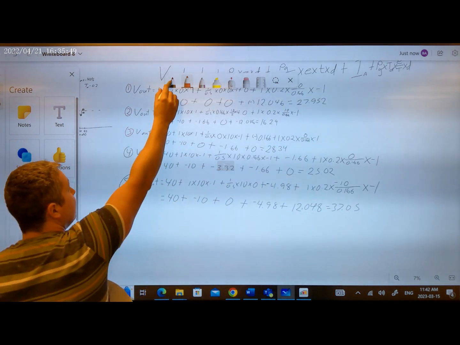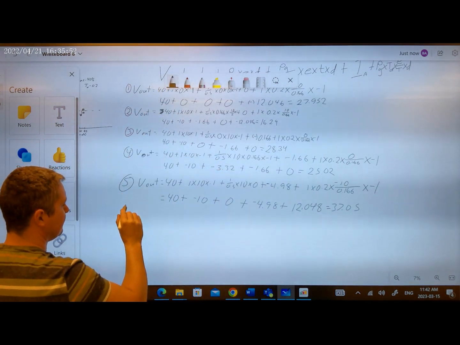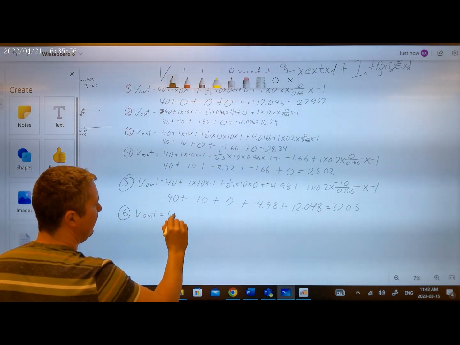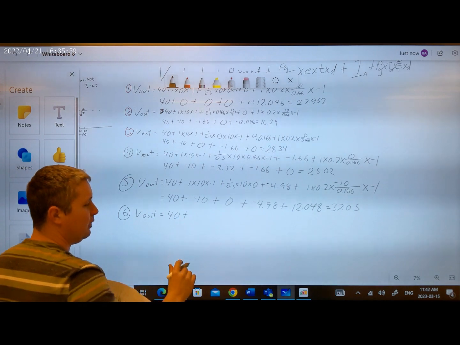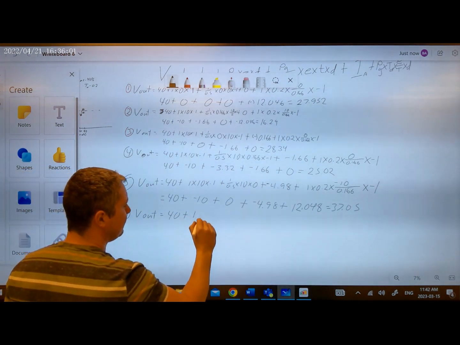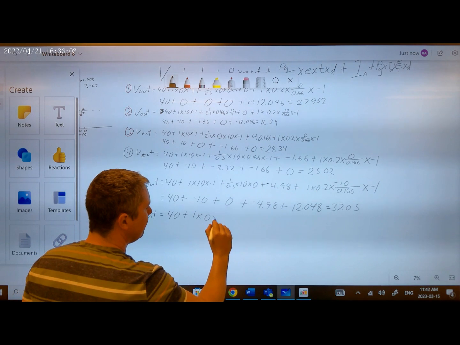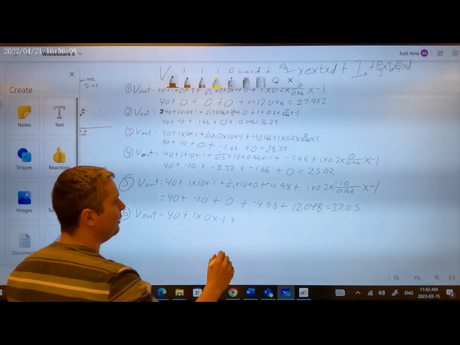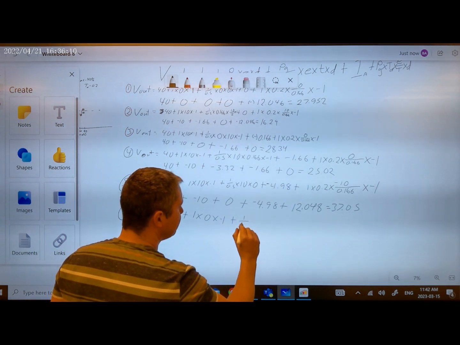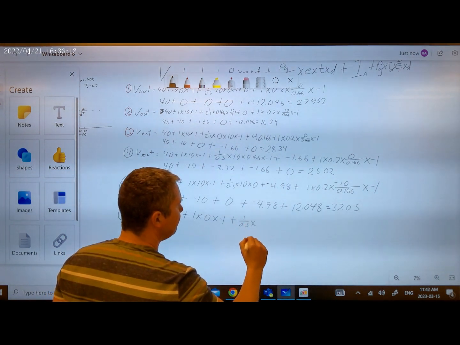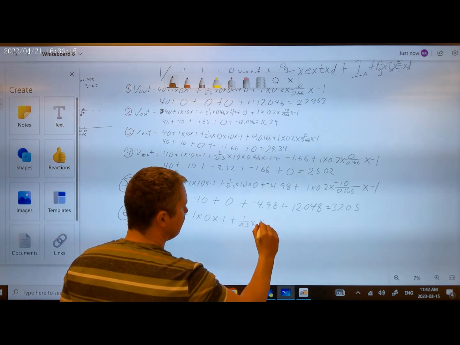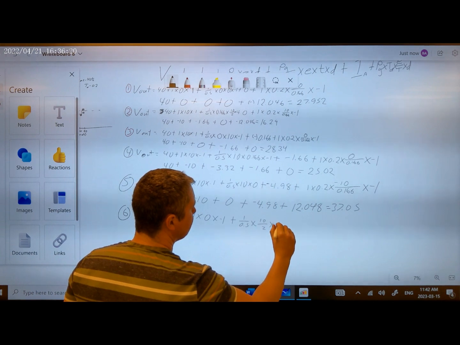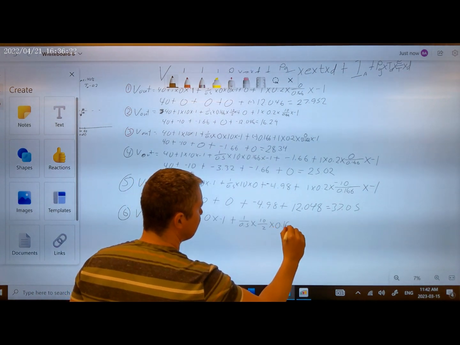So, at position 6, V out equals our bias of 40 plus our proportional gain of 1 times an error of 0 times -1, plus our integral of 1 over 0.5 times 10 divided by 2 times 0.166.